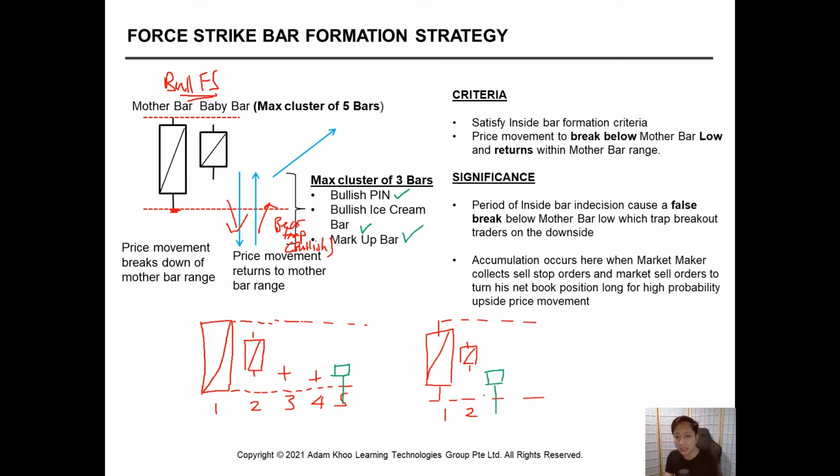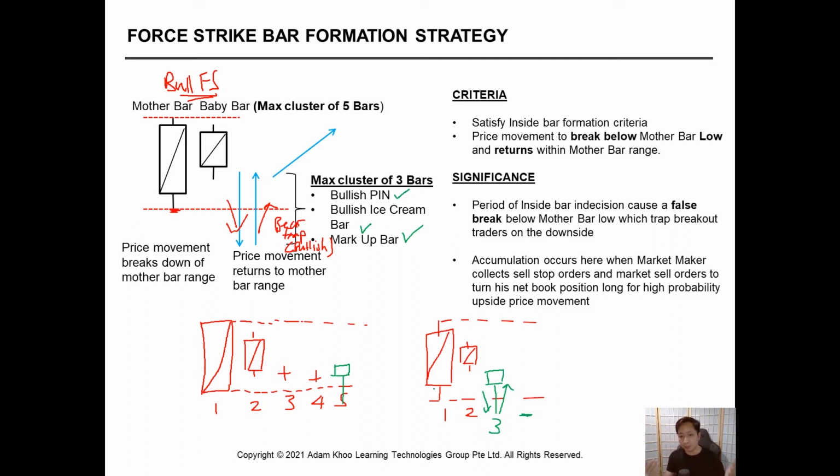The bar that goes below the mother bar low is also the bar that goes back up as a bullish pin. So the minimum this can happen is 3 bars, understand? Up to 5 bars, understand? So the bullish FS can form like this as well, or the price could have gapped down below the mother bar low.